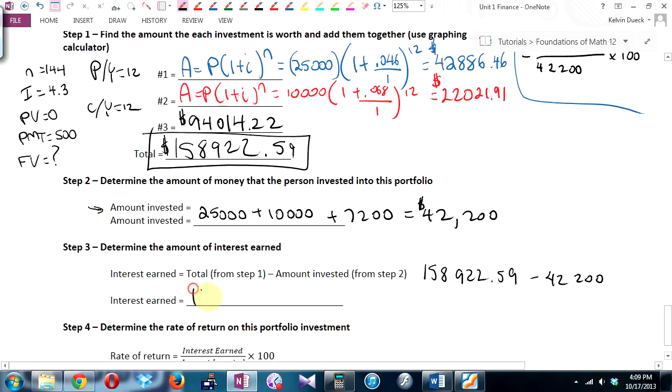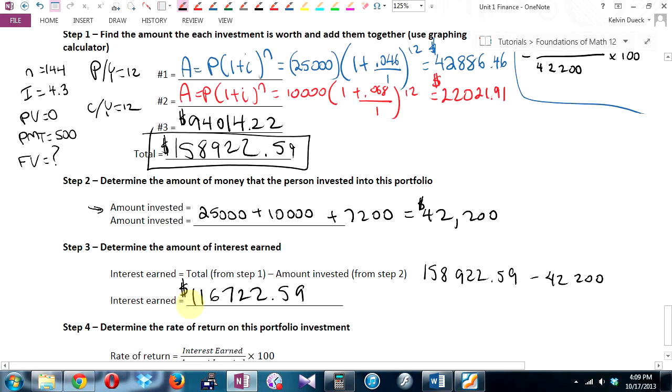What did we start out with? 42,200. What did we earn? 116,700. We more than doubled our money.